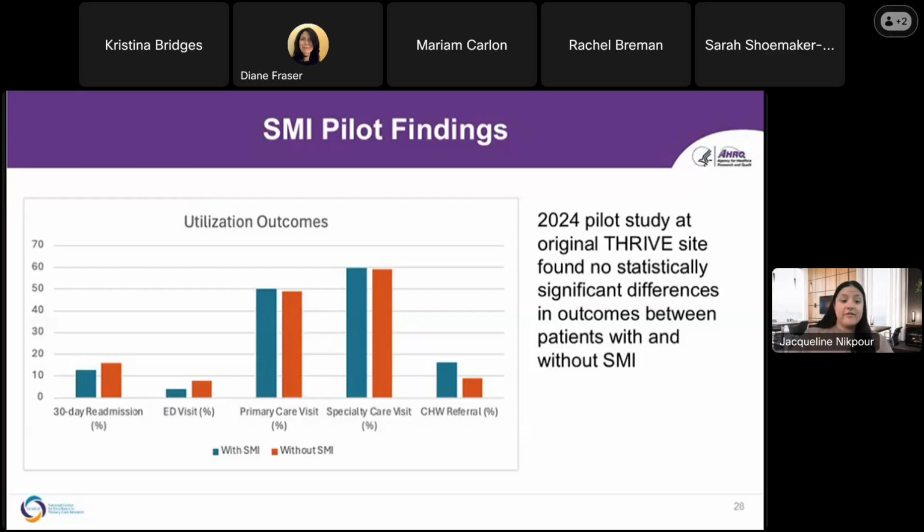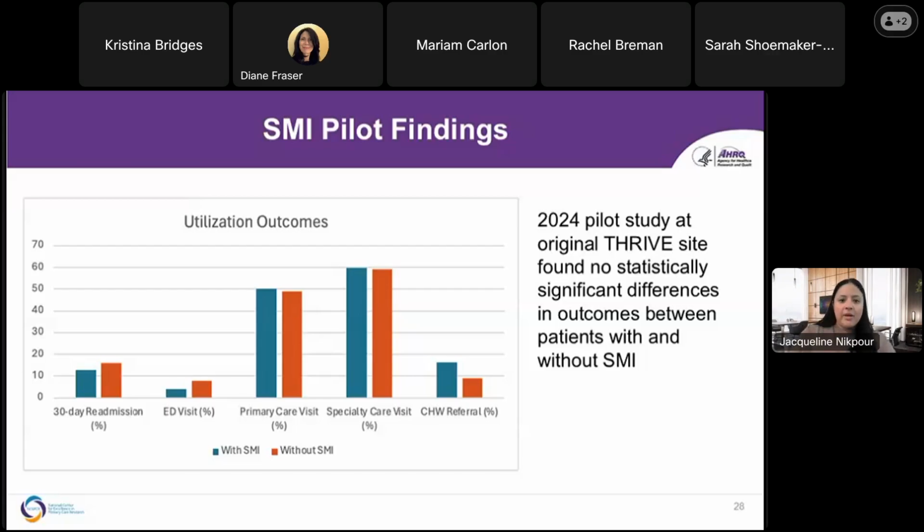In fact, the vast majority of our patients in both groups were receiving that follow-up. And despite this lack of statistical significance, we see this as a positive result, because if you look nationally, just at Medicaid insured individuals, those who live with a serious mental illness are about 30% more likely to be readmitted versus those who do not live with a serious mental illness. So we're actually closing that gap.